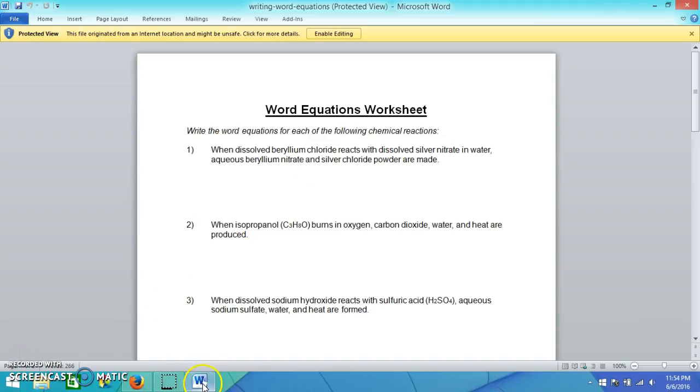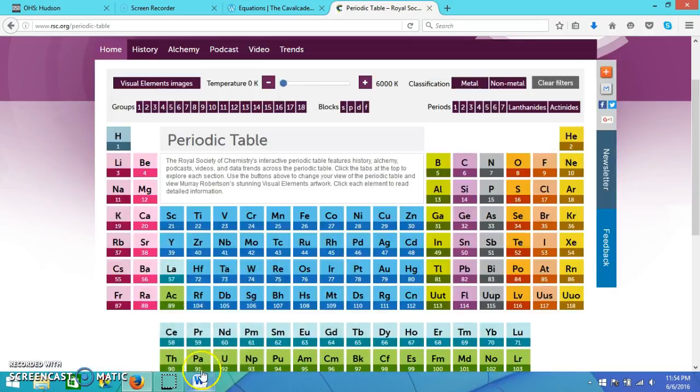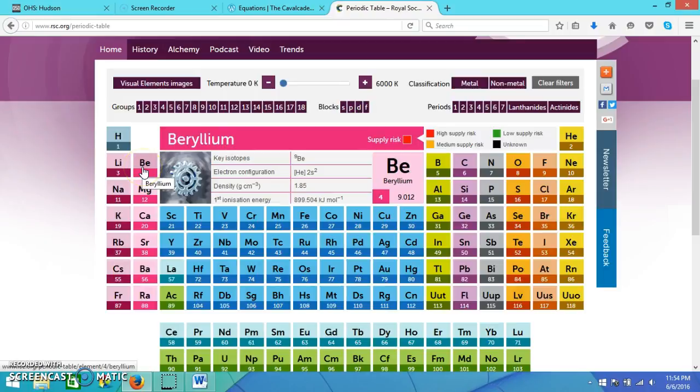But when you look at the periodic table, you'll notice that beryllium in group 2 has 2 valence electrons. It's going to lose those 2 valence electrons and become a positive 2 ion. Whereas chlorine has 7 valence electrons, wants to gain 1 more to get the same configuration as argon. So chlorine is going to gain 1 electron and become a negative 1 charged ion.